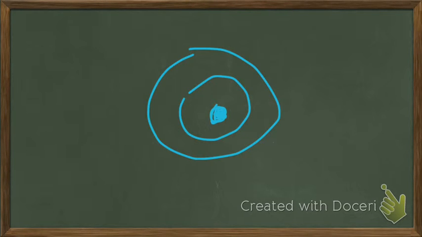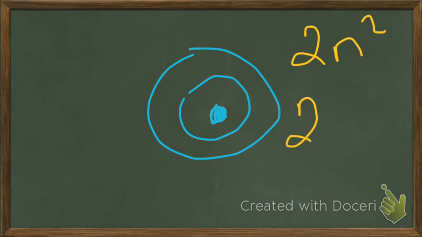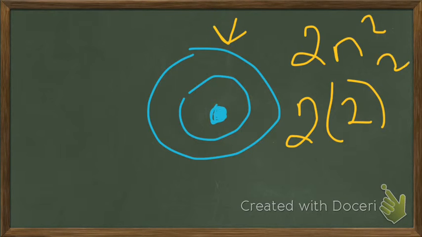Let's draw our element back on here again really quick. There's our little nucleus, here's our first orbital, here's our second orbital. The second orbital, going with our equation of 2n squared, is going to be 2 times 2 squared. We square that first, which gives 4, and then multiply by 2 and we get 8. So that second orbital can hold 8 electrons.